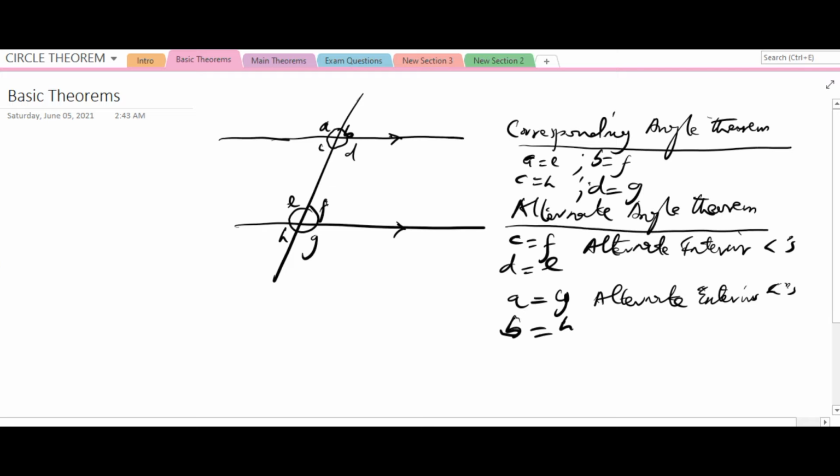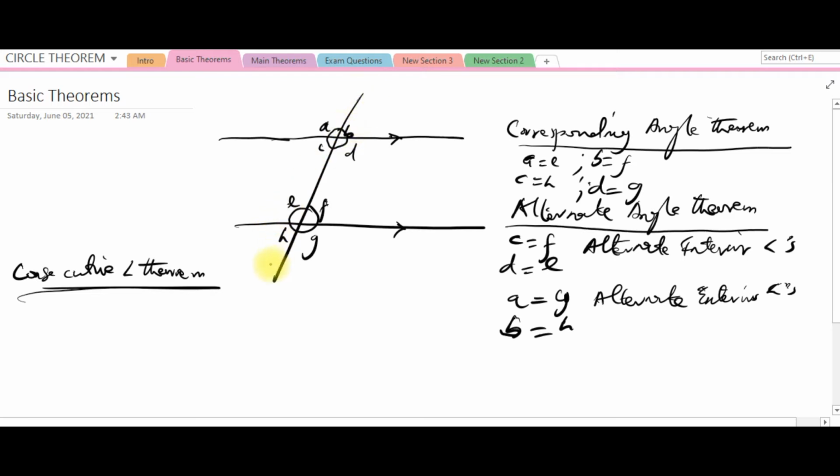So the next one is consecutive angle theorem. So consecutive angle theorem, or you call it allied angle, is just on the same side.